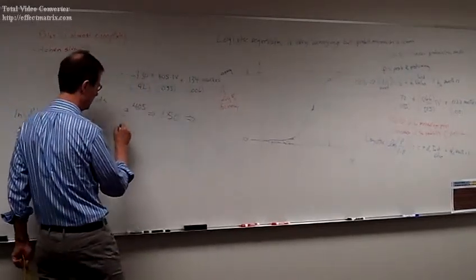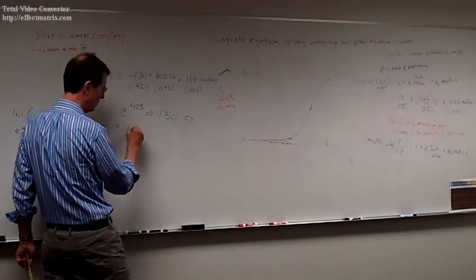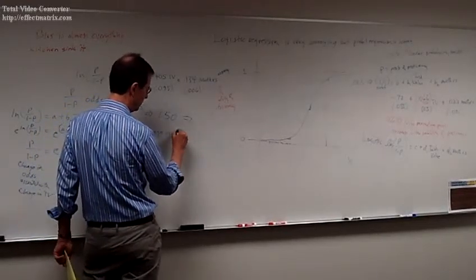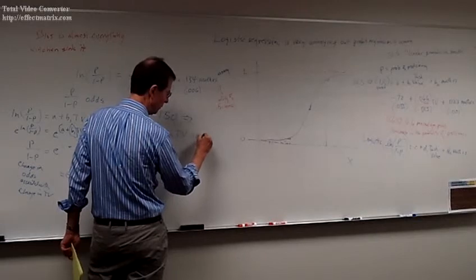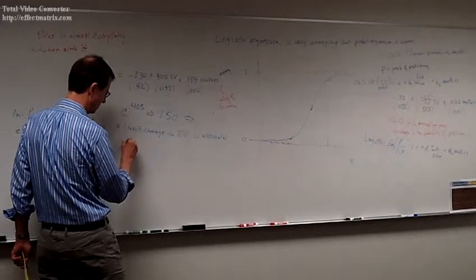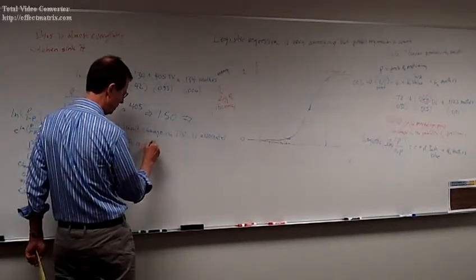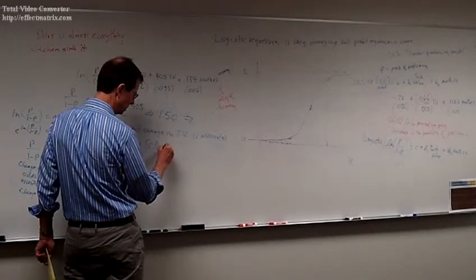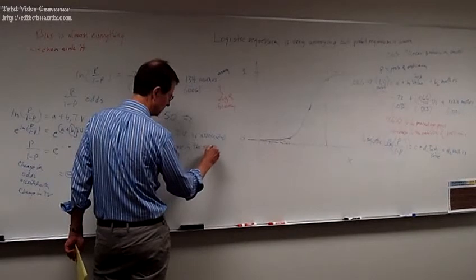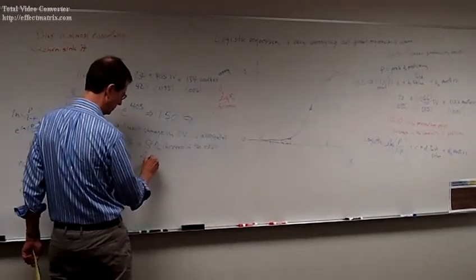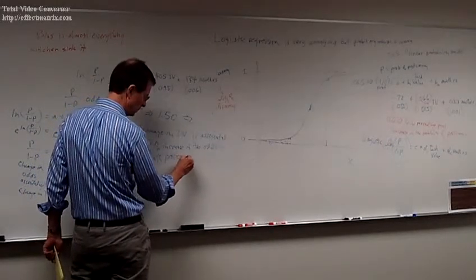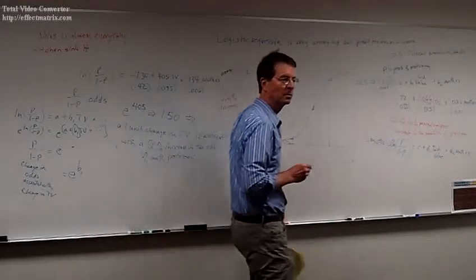Which says that a 1 unit change in task value is associated with a 50% increase in the odds of being proficient in math.